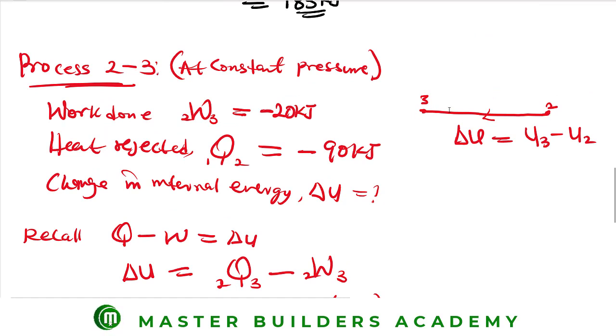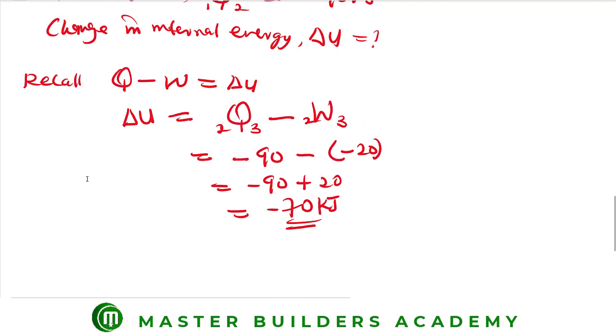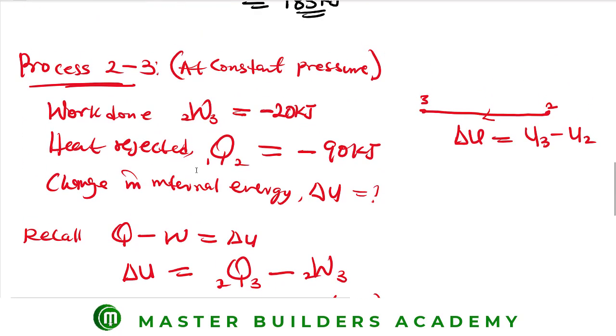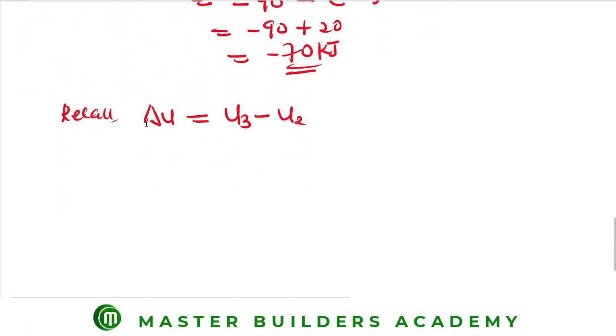But between this, for this internal energy or change in internal energy, we won't be able to find U3 using this model I just put here under this line, as you can see, right? Because we're asked to find the internal energy at every point. So just say recall again that change in internal energy for this particular process will now be U3 minus U2, because U2 is the starting point, as you can see here, process 2 to 3. Now all we just need to do now is to make U3 the subject of formula, and if we do this, we have U3 is equal to change in internal energy plus U2.